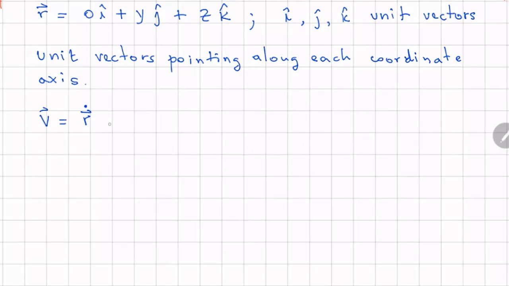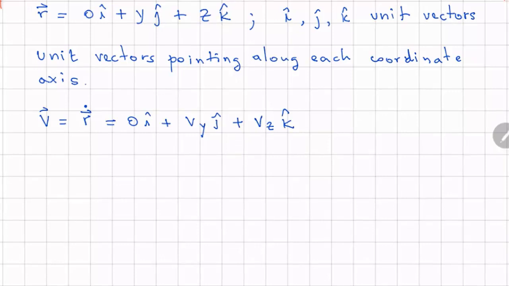If we take the derivative with respect to time, we get, initially, 0 along the x direction, plus vy along the j direction, plus vz along the k direction.